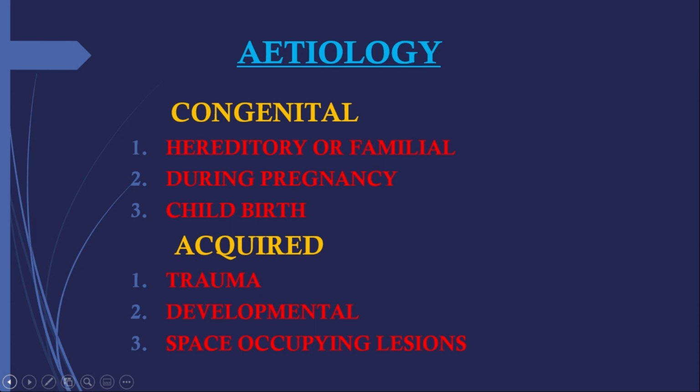Trauma directly does not result usually in a deviated nasal septum, but it can fracture the nasal septum. The fragments may go to one side or the other of the nasal cavity, and then if that is allowed to heal in that particular position, DNS or deviated nasal septum results.